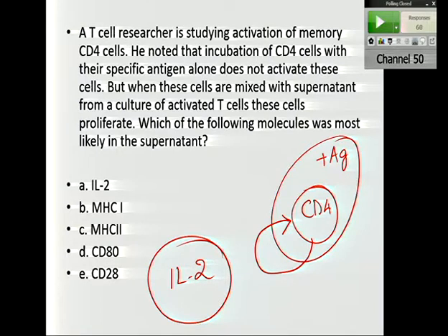We want to get many T lymphocytes. Here the supernatant had interleukin 2 because the activated T lymphocytes produced interleukin 2. The first one had just the antigen, and the T lymphocyte did not have interleukin 2. So for proliferation, interleukin 2.